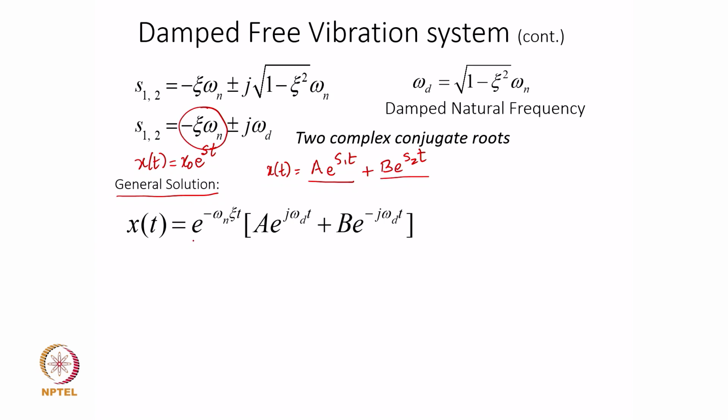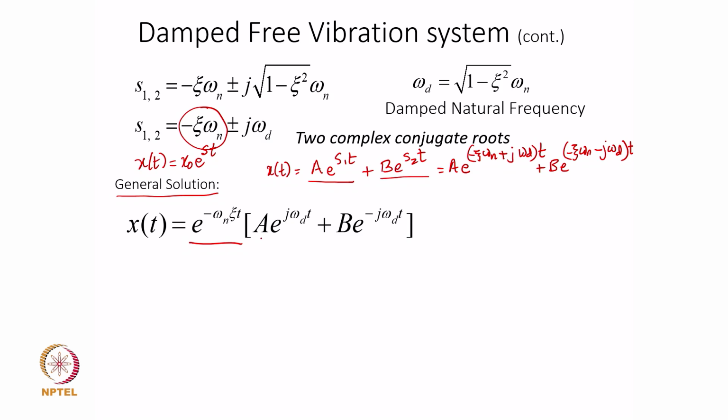So if you see this equation going like a e to the power minus zeta omega n plus j omega d into t, plus b e to the power minus zeta omega n minus j omega d into t, I can take e to the power minus zeta omega n t out as a common term. That leaves the bracketed quantity as a e to the power j omega d t plus b e to the power minus j omega d t.